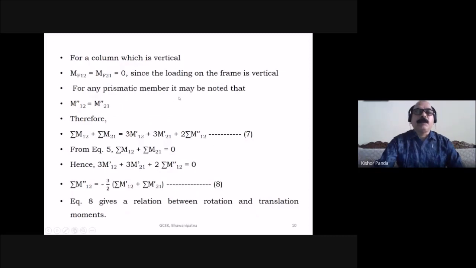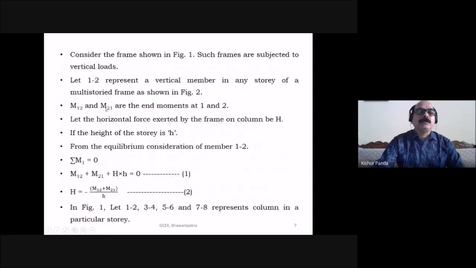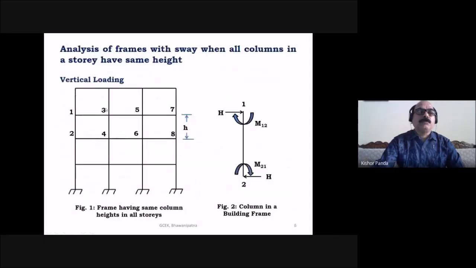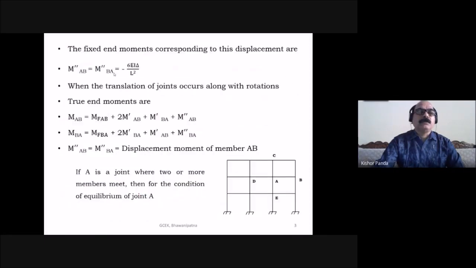For any prismatic member, it may be noted that M''12 is equal to M''21. You know that from the slope deflection method, this is minus 6EI delta by L square. Already we discussed here, M''AB is equal to M''BA is equal to minus 6EI delta by L square.